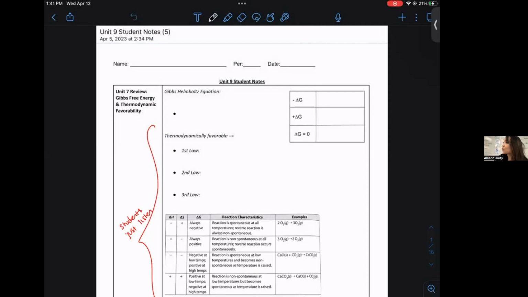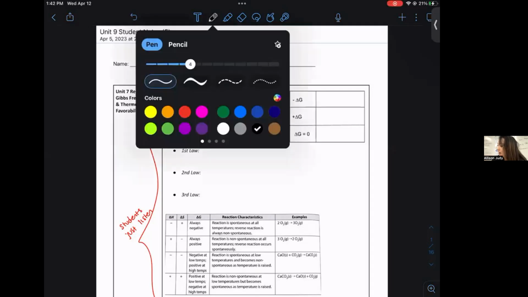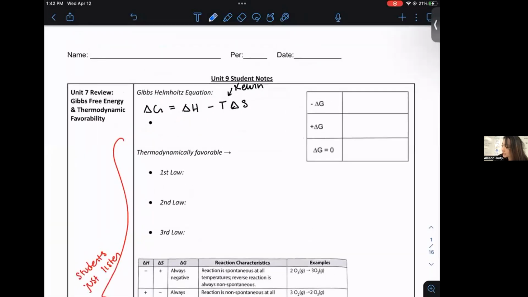The Gibbs free energy equation we learned is known as the Gibbs-Helmholtz equation, which is ΔG is equal to ΔH for the reaction minus the temperature, always in Kelvin, times the change in entropy. And we tend to measure this under standard state conditions so that we get tabulated data for every variable, barring temperature.